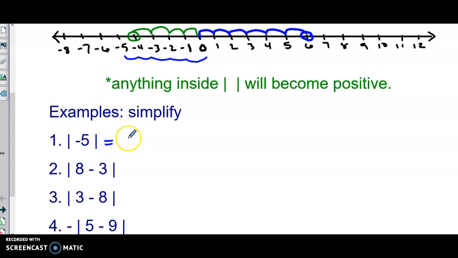So the absolute value of -5 is +5. Number 2, we have the absolute value of 8 - 3. So we need to simplify what's inside the absolute value expression. 8 - 3 equals 5. Therefore, the absolute value of 5 is 5, right? Because +5 is 5 units away from 0. 1, 2, 3, 4, 5.